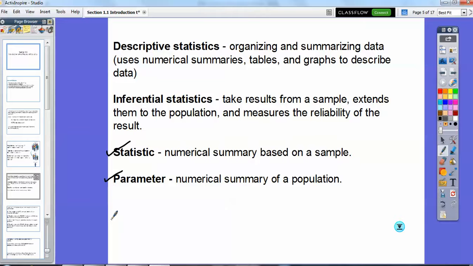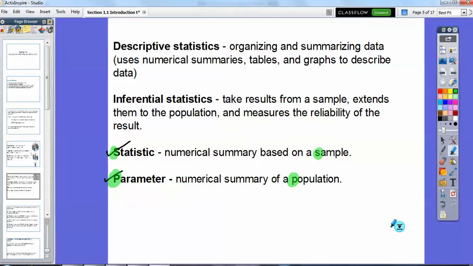A statistic is based on a sample. So statistic goes with the sample. And then the P's go together. A parameter is talking about the population. What's the difference between a sample and a population? Sample is part of it. Right, sample is part of it, population is everybody.